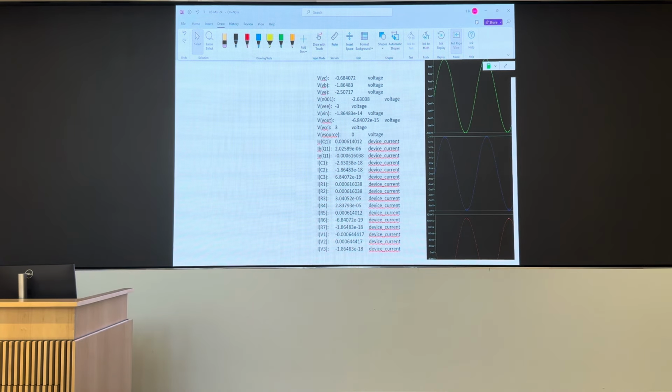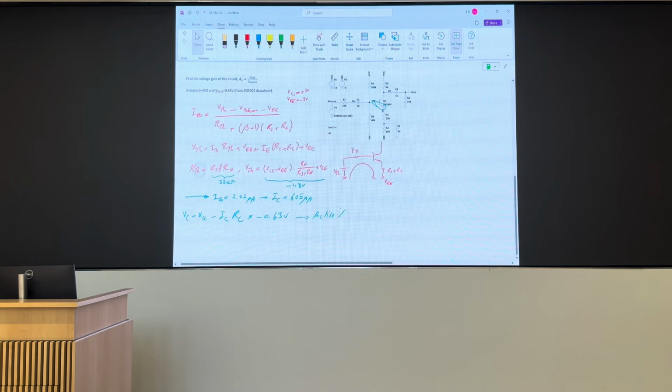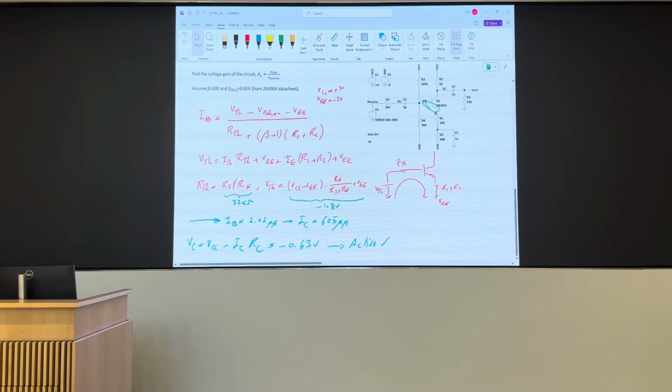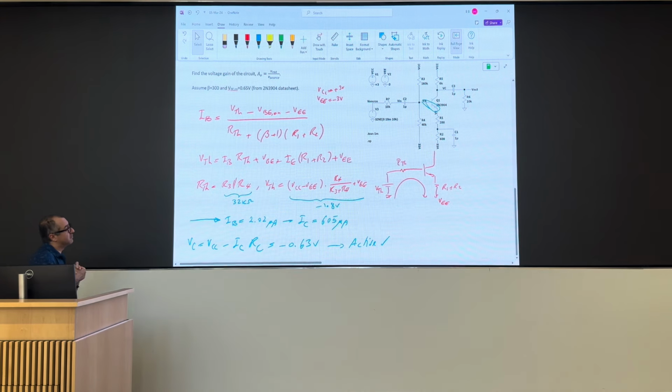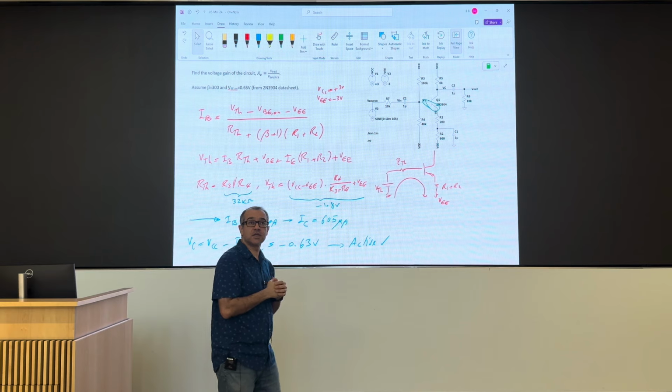Okay, so that's that. And then the next thing we want to do is see how this thing behaves. Then I apply my signal, the small signal, yeah.